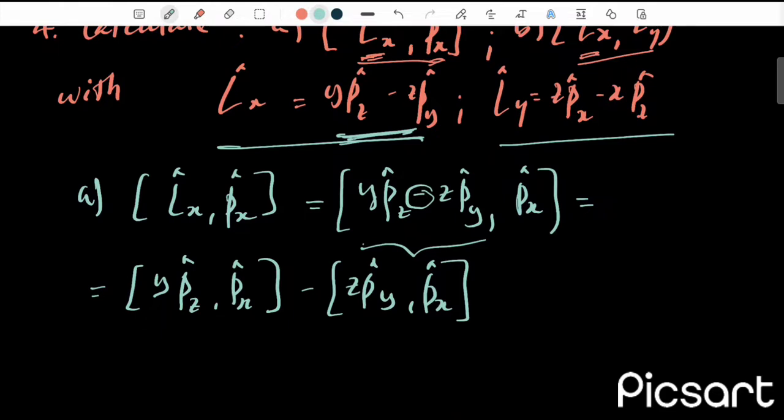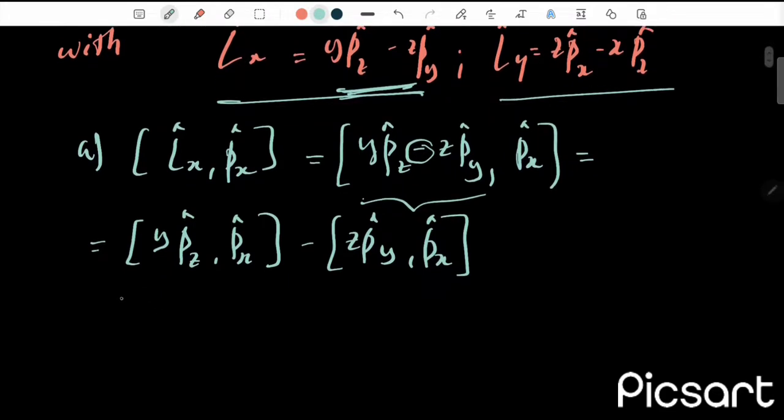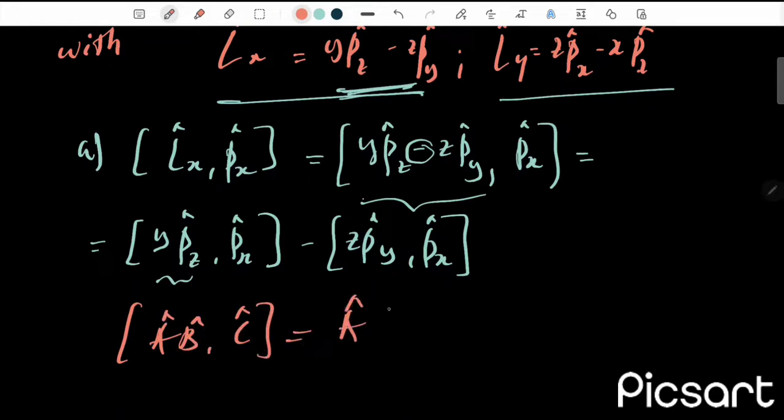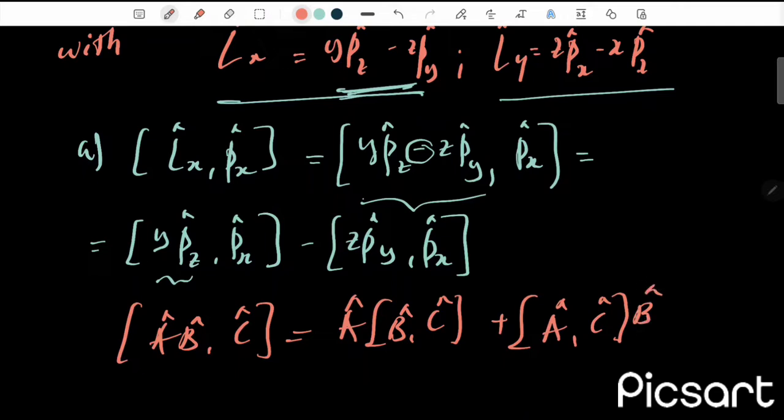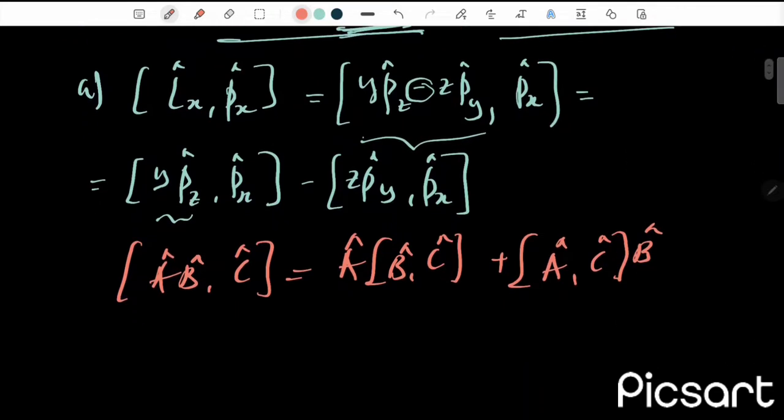Okay, and we will apply here the rule [ab, c] = a[b, c] + [a, c]b. Then we'll apply this rule.